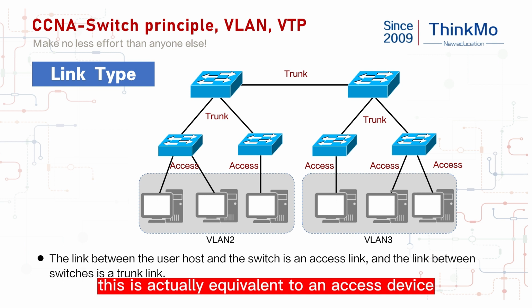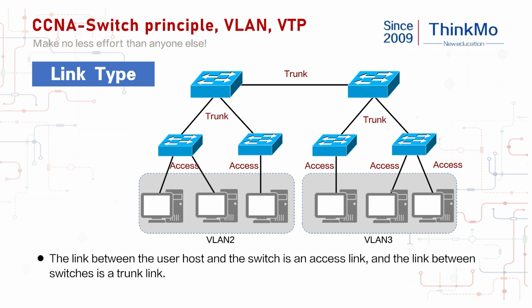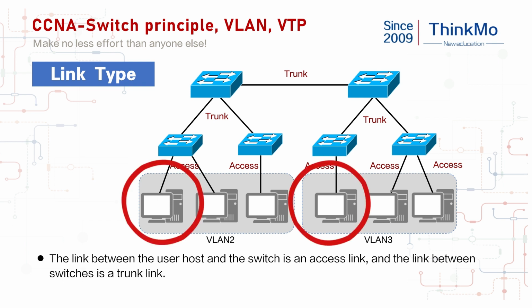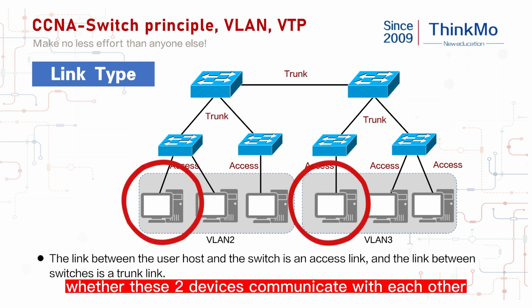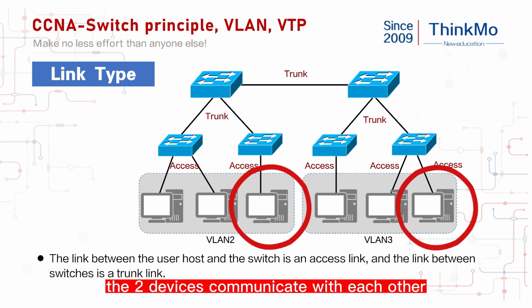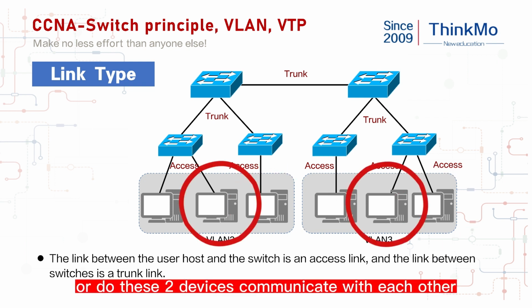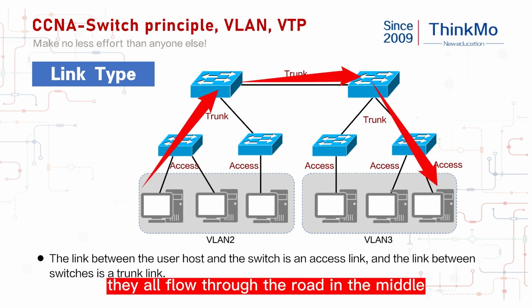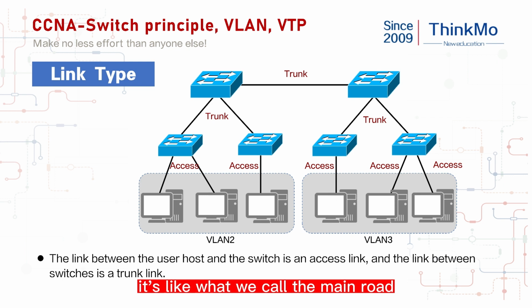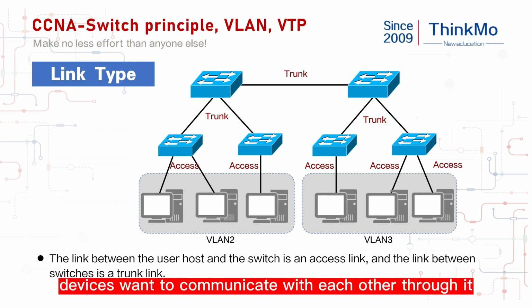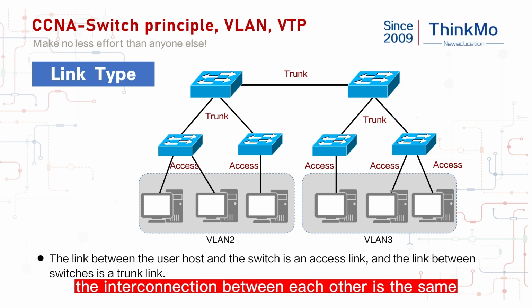This is actually equivalent to an access device. Trunk means now you don't care whether these two devices communicate with each other or those two devices communicate with each other. They all flow through the road in the middle. It's like what we call the main road. Now devices want to communicate with each other through it. The interconnection between each other is the same.